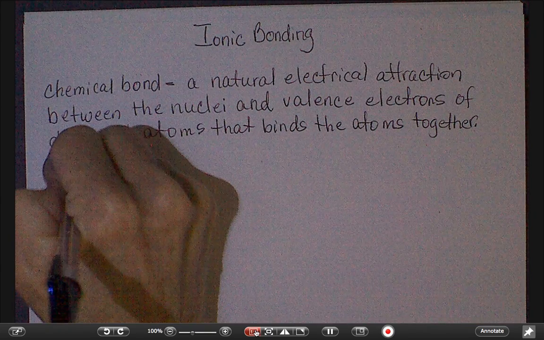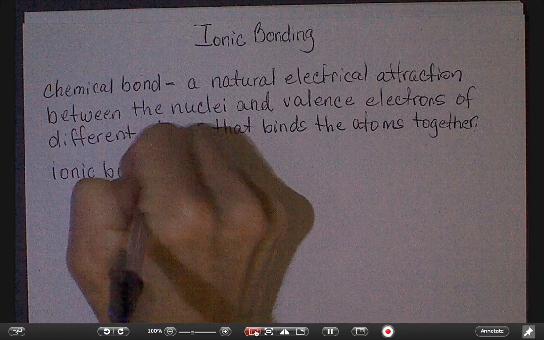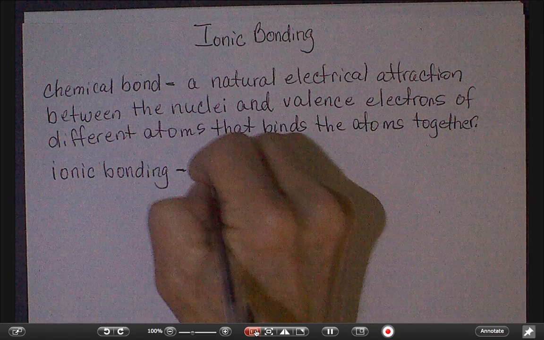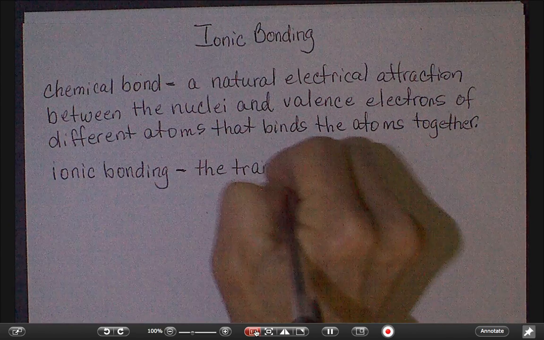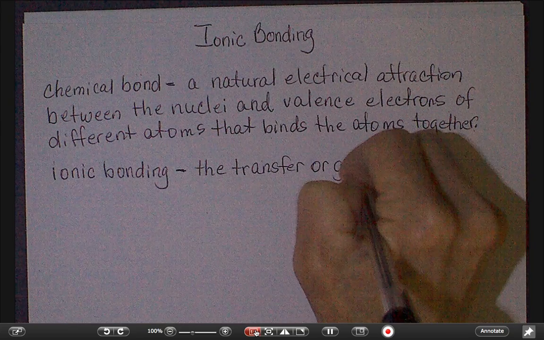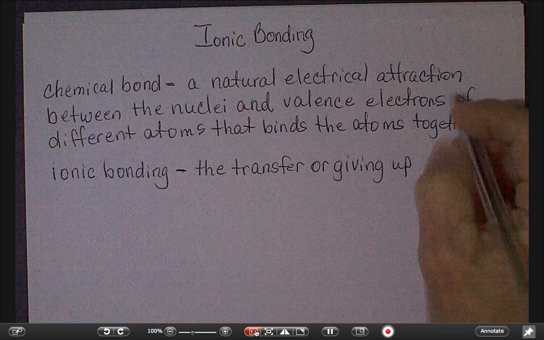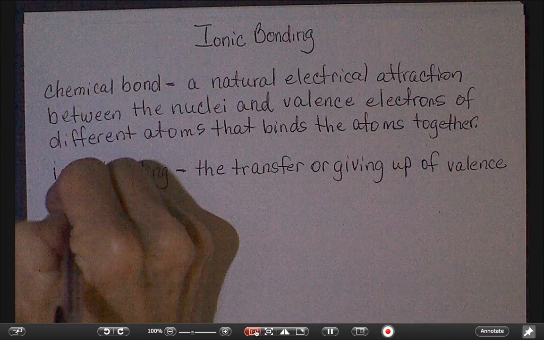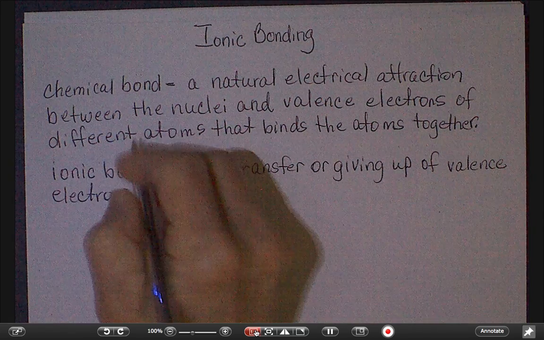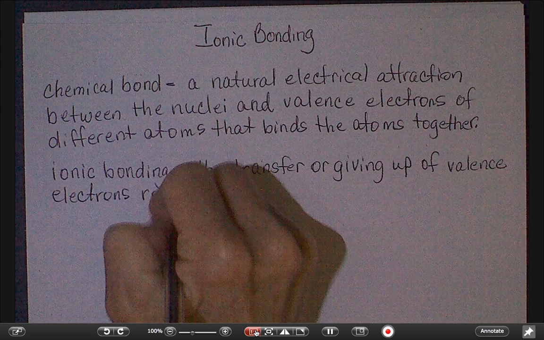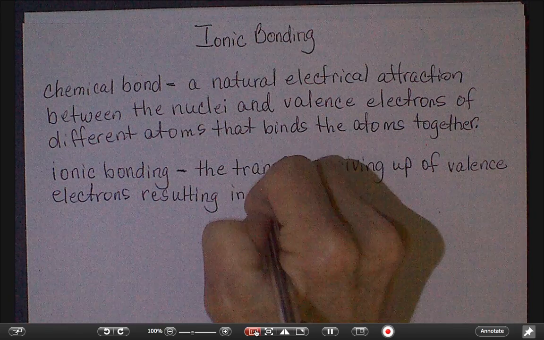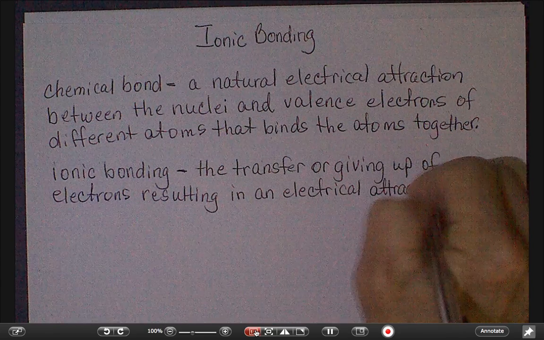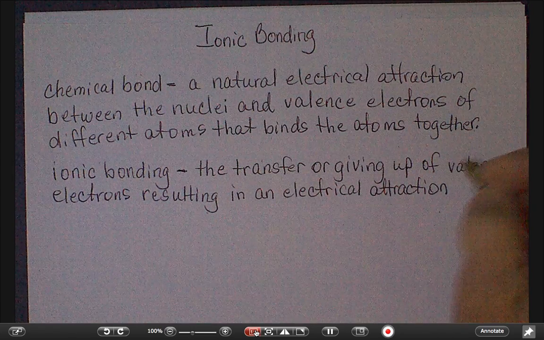Definition: ionic bonding. The transfer or giving up of valence electrons resulting in an electrical attraction between cations and anions.